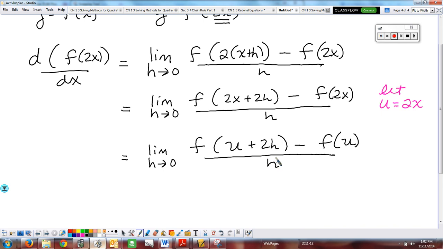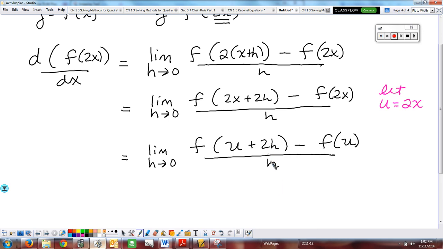Now the other thing that I don't like is this 2h, because in the limit definition, it was f of u plus some small number h minus f of u all over h. We're really close to the limit definition of a derivative.